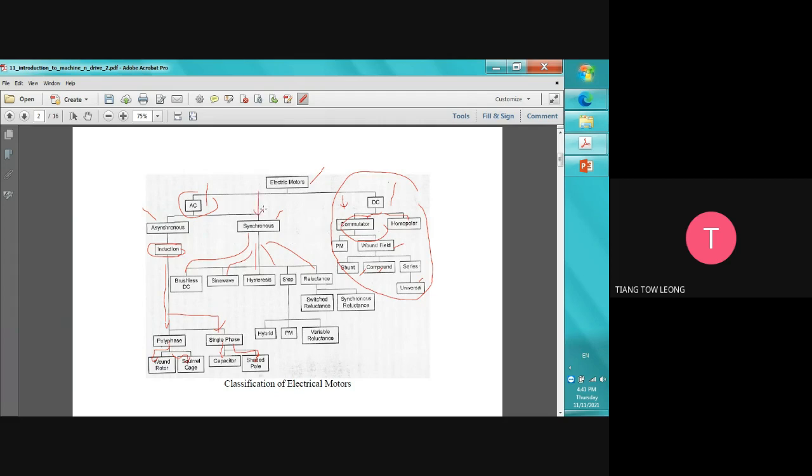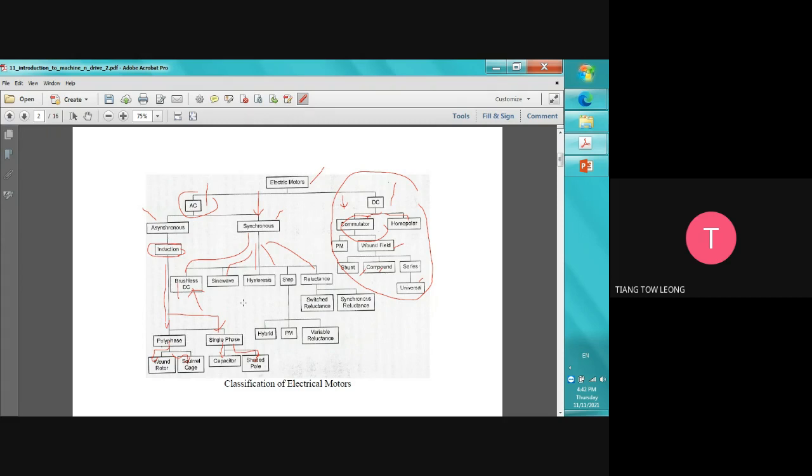Then now in this subject, we are focusing on synchronous, and then synchronous with the brushless DC motor. These few types are quite emerging motors. For your information, I think hybrid cars are using the brushless DC motor.